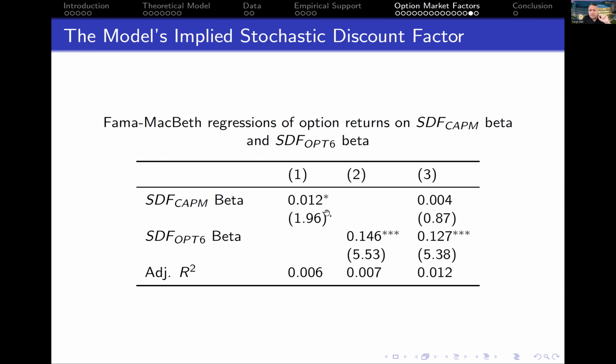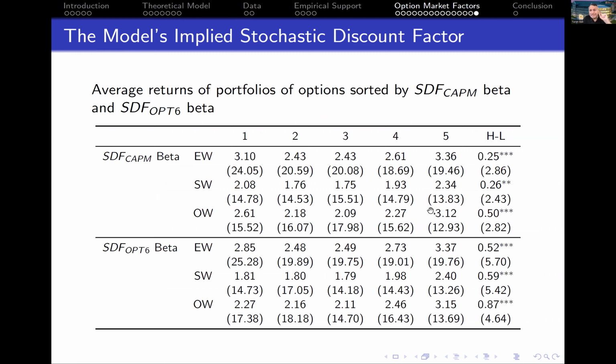But here for options, you get this weak positive relation for CAPM beta. For our SDF beta, it's very significant, highly significant. And when we put them together, our factor beta supersedes the CAPM beta. Okay, it's captured. Then we form portfolios based on this SDF beta. Okay, so these are quantile portfolios of equity options sorted by these betas.